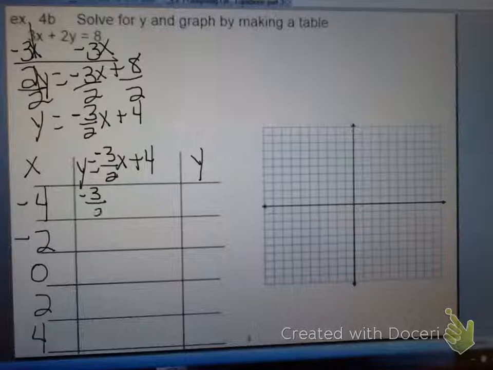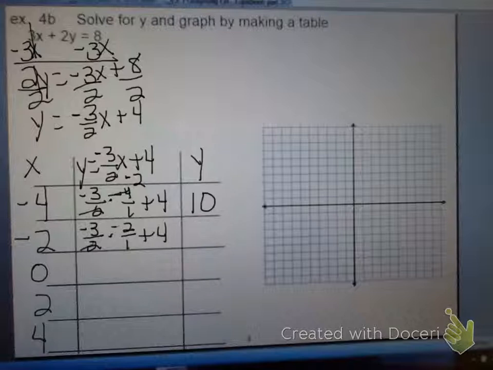So -3 over 2 times -4 over 1 plus 4. 2 goes into -4 -2 times. So -3 times a -2 is a positive 6. 6 plus 4 is 10. -3 over 2 times -2 over 1 plus 4. So the 2 goes into -2, -1.